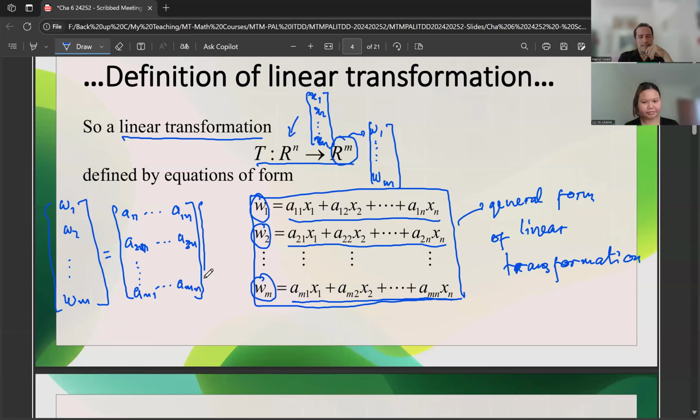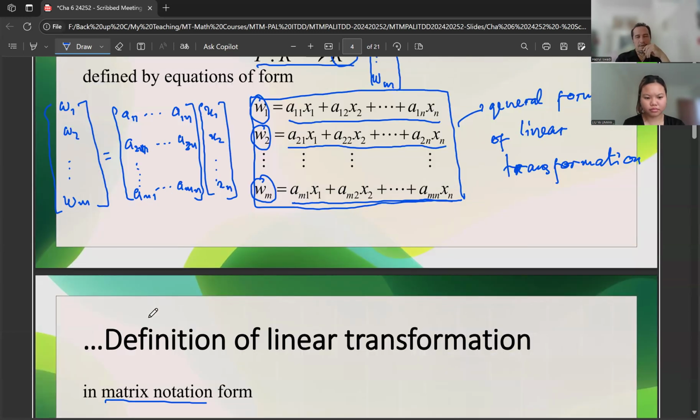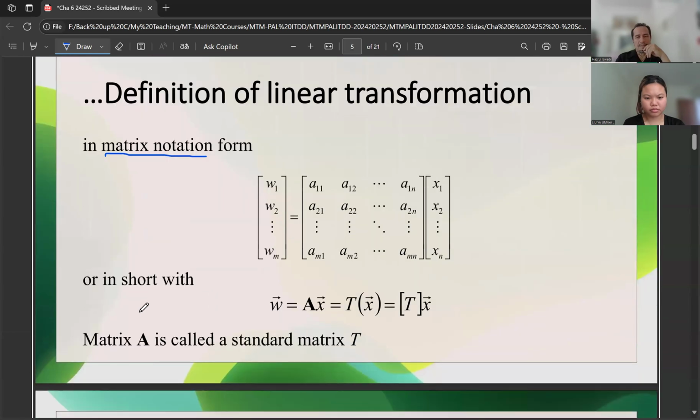And then we must multiply it by x1, x2 up to xn. This is the matrix notation of linear transformation.